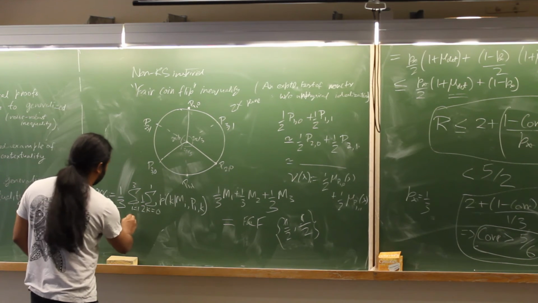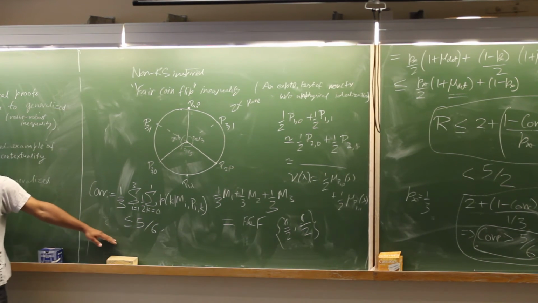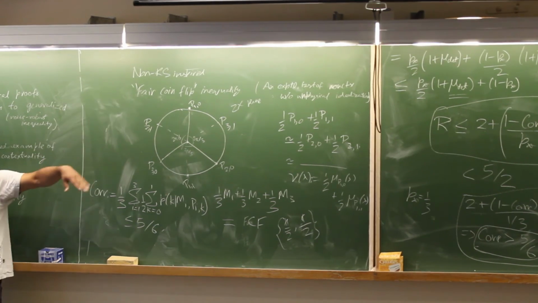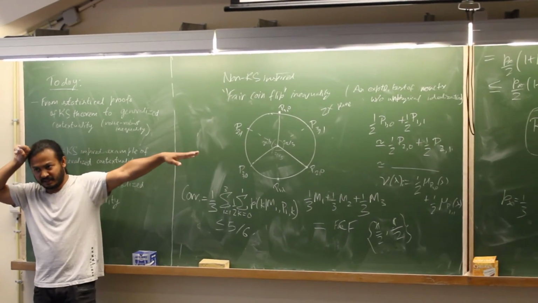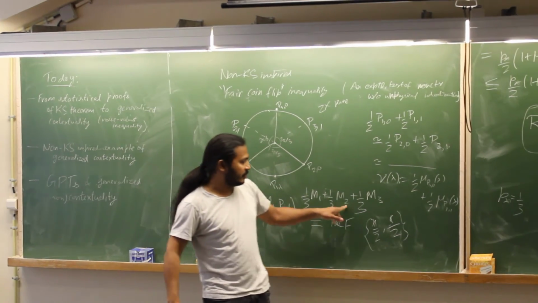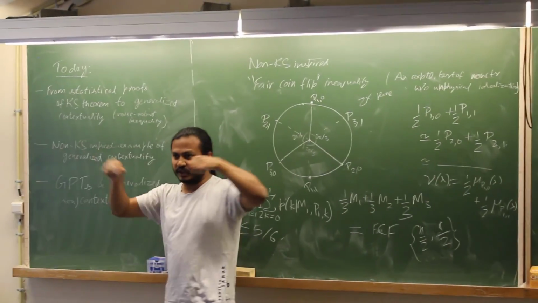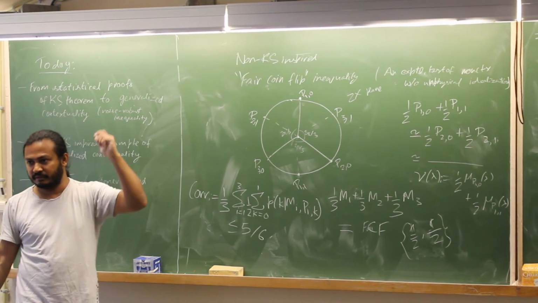And you can show that under preparation and measurement non-contextuality, this should be bounded by 5/6. It's basically the same kind of argumentation that we did earlier, except the constraints on the measurement response functions now come from this constraint rather than from sharing edges or vertices in a hypergraph.